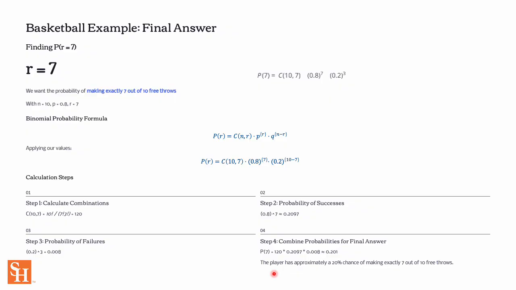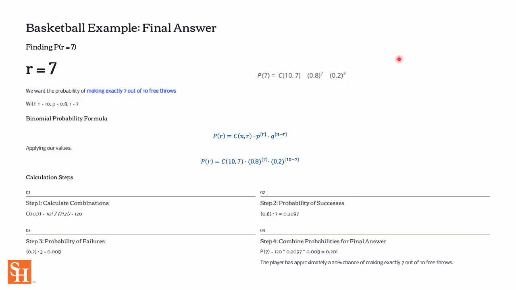That means the probability that the player will make 7 shots successfully is about 20%, right? So the probability that out of the 10 throws he will make exactly 7 successful shots is about 20%, right?